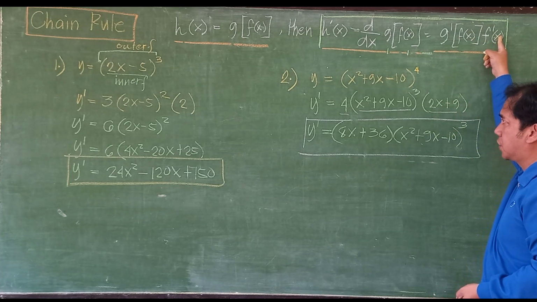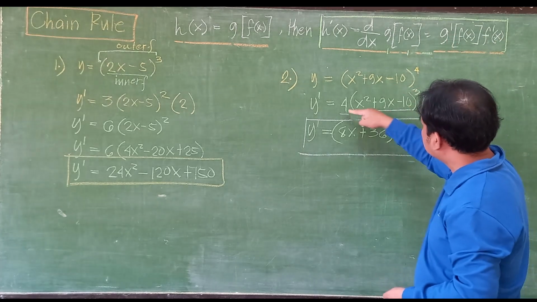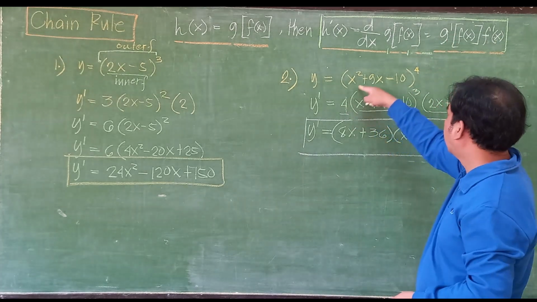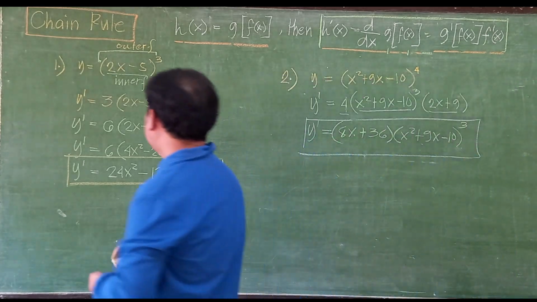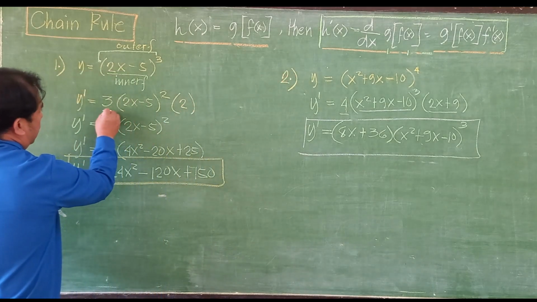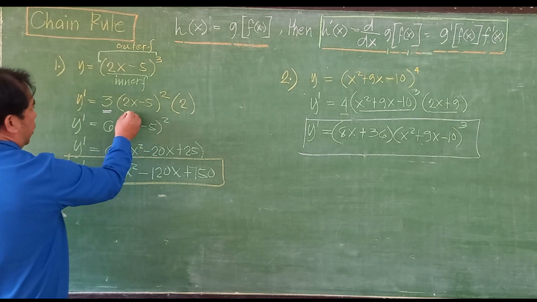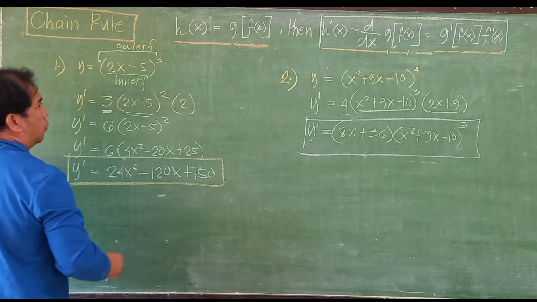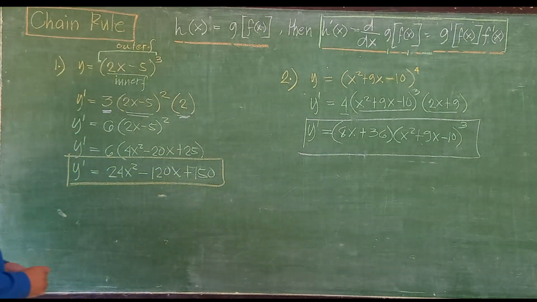Definitely, the g prime of x will include the 4. So the same as in here, what is our g prime of x? What is our f of x, from the equation that we have? And of course, f prime of x we have in here. So that is the most important thing in the chain rule.